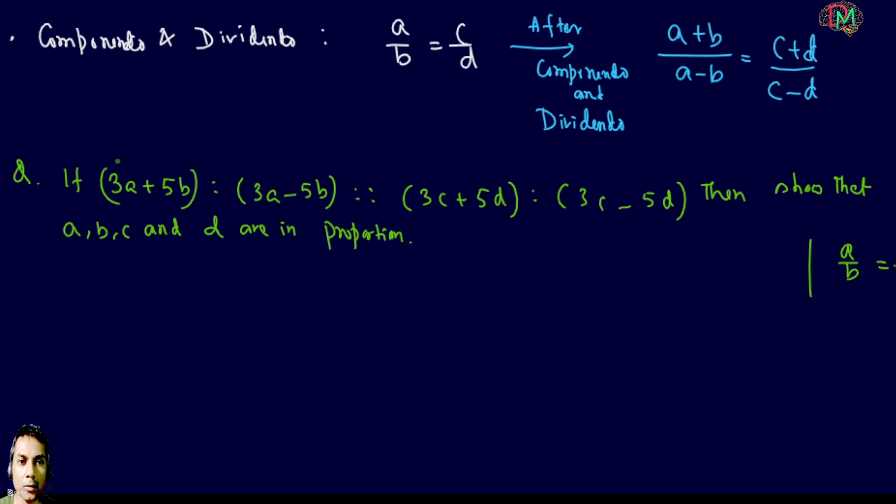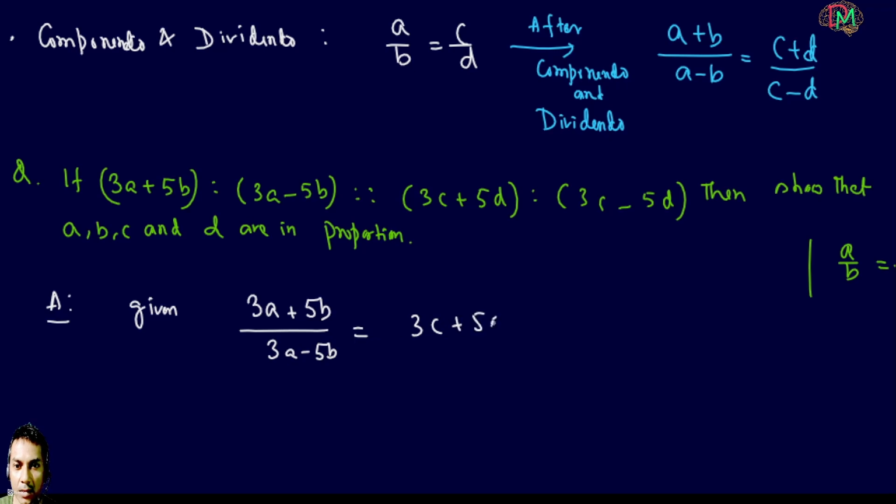Now we write the proportion as 3a plus 5b divided by 3a minus 5b equal to 3c plus 5d divided by 3c minus 5d.